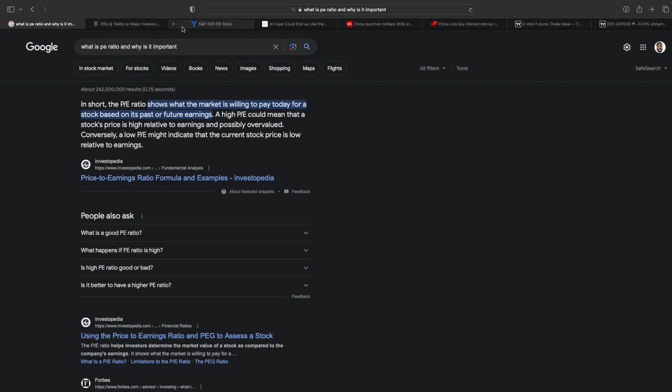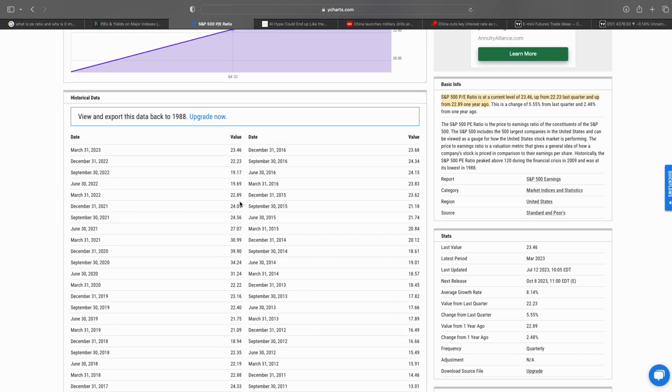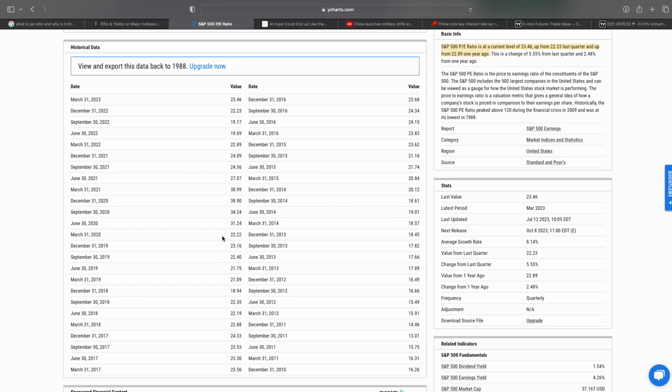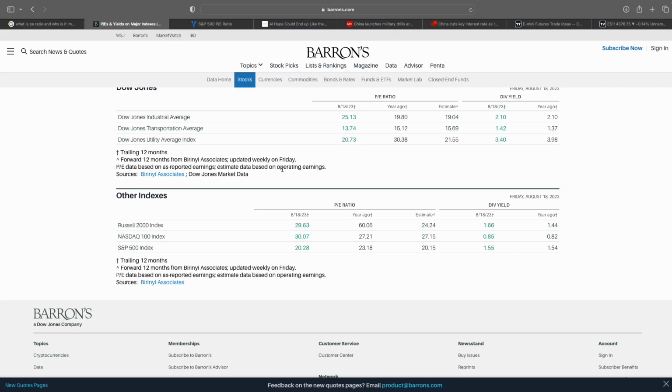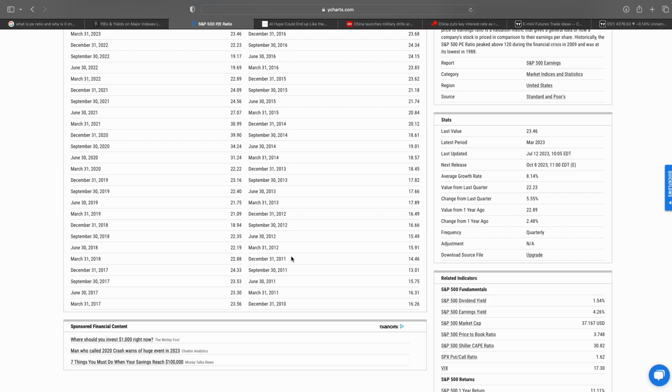So let's look at the PE ratio over the last 10 years. See where we're at. Where could we possibly be going? So right now, the PE ratio of the S&P 500 is around 20, which is not bad. Historically, I think the average is around 18.